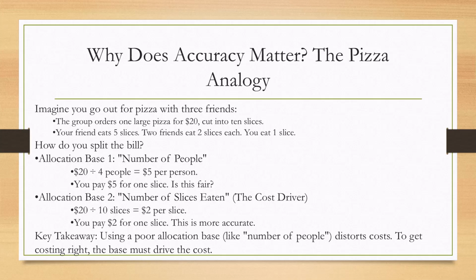A more accurate method would be to use number of slices eaten as the allocation base, which is the true driver of the cost. In this case, each slice costs $2, and you would accurately pay $2 for your share. The key takeaway is that using a poor allocation base distorts costs, and to get costing right, the base you choose must actually drive the cost you are trying to allocate.